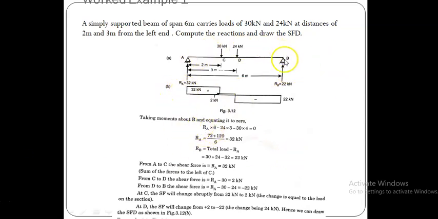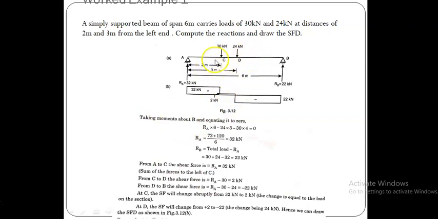That is RA into 6, which induces a clockwise moment, minus 24 into 3, because the remaining distance is 3 meter and it induces an anti-clockwise moment, therefore I put the sign minus, and 30 into 4, also minus because it induces an anti-clockwise moment.